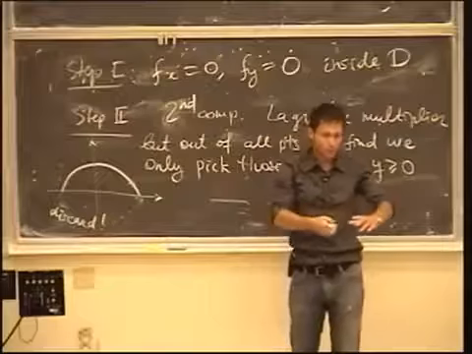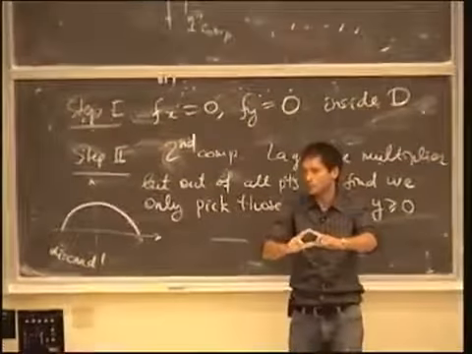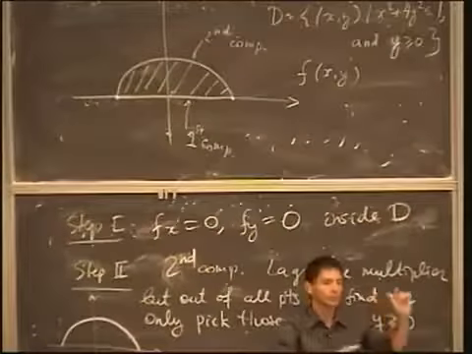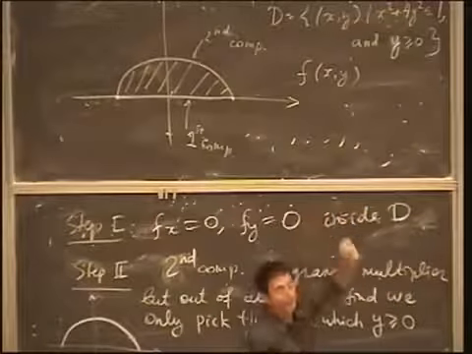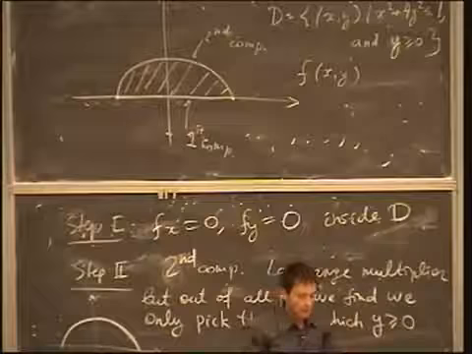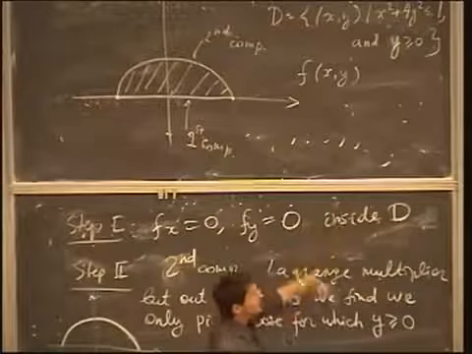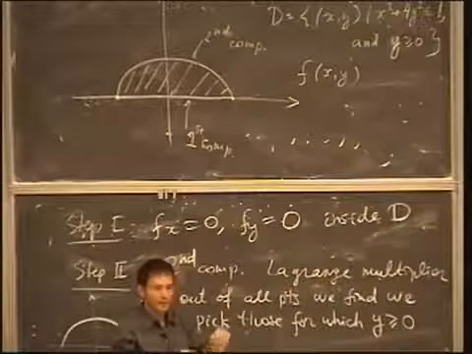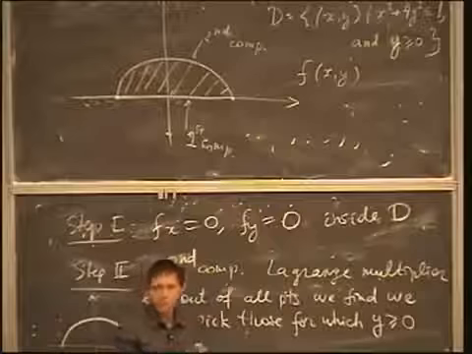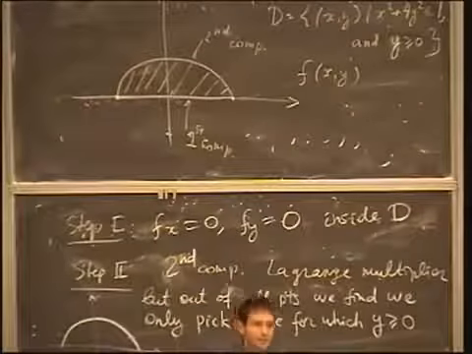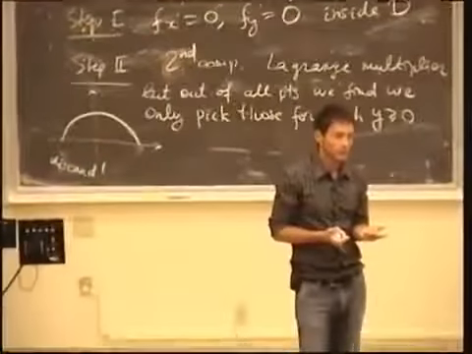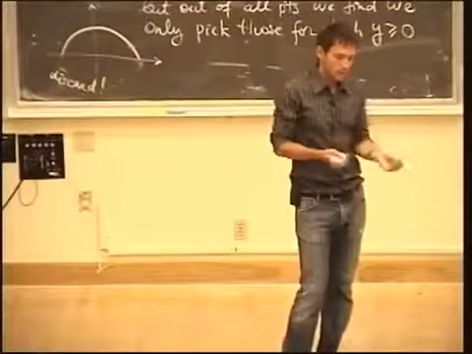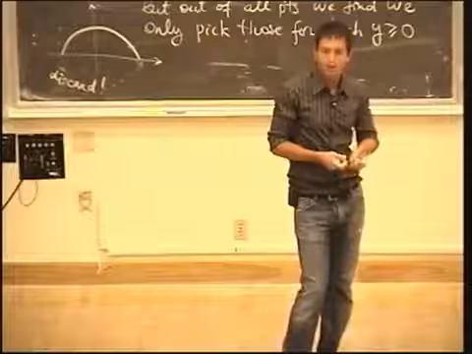These domains are usually given by some inequalities, like x squared plus 4y squared less than or equal to 1, or that coupled with y greater than or equal to 0. Such a problem consists of several steps. We have to look inside, and we have to look on the boundary. But sometimes there could be a problem where you just ask to maximize or minimize your function on the boundary only. In other words, your set is given not by inequalities, but by equalities.